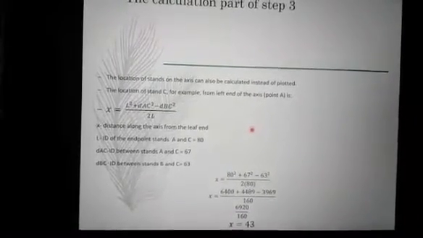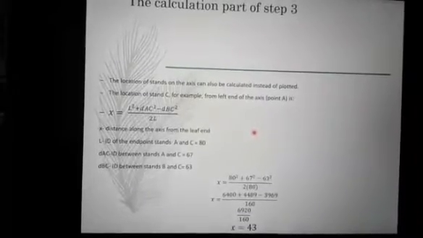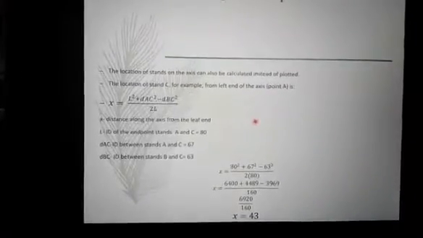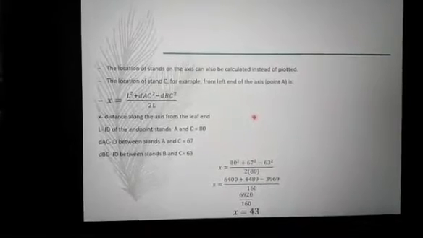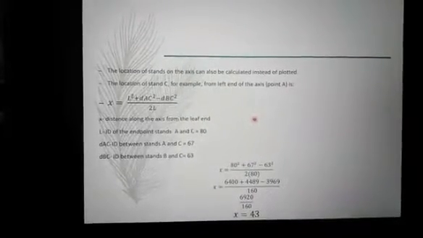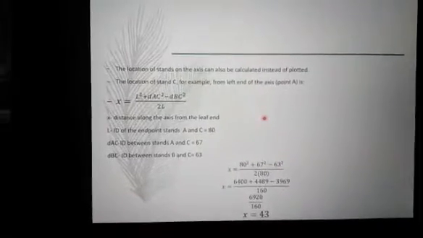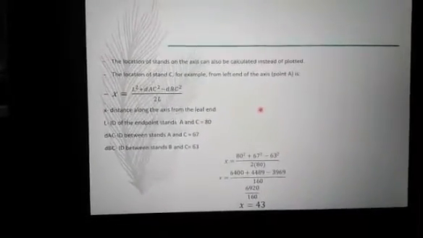L is the index of difference of the endpoint stands A and B, which is 80. DAC is just the ID between stands A and C. DBC is just the ID between stands B and C. So you see, this is very simple.